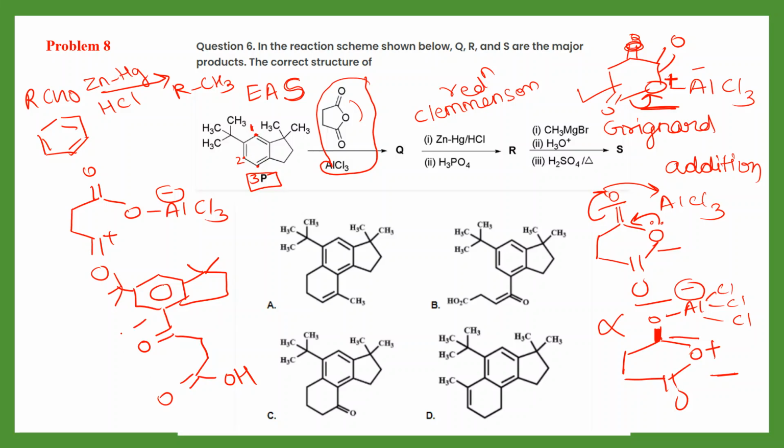So if this undergoes Clemmensen reduction, what will be your product? One, two, three, and this. Up to here it is clear, everyone?